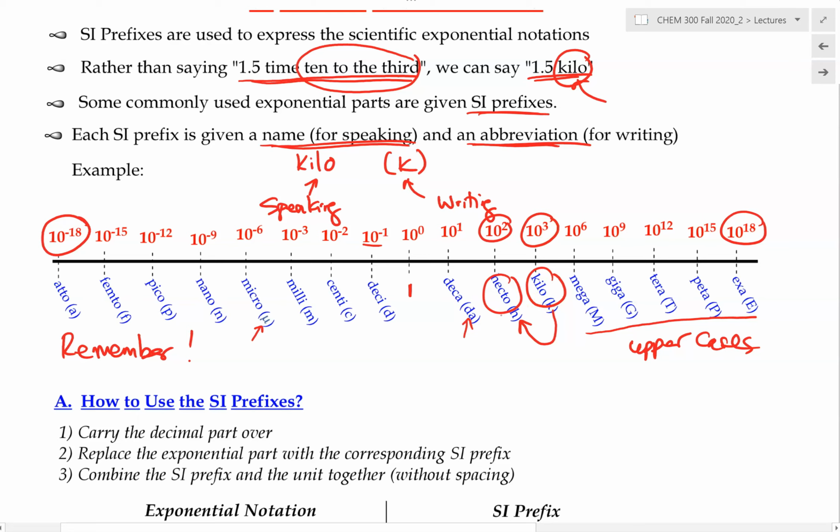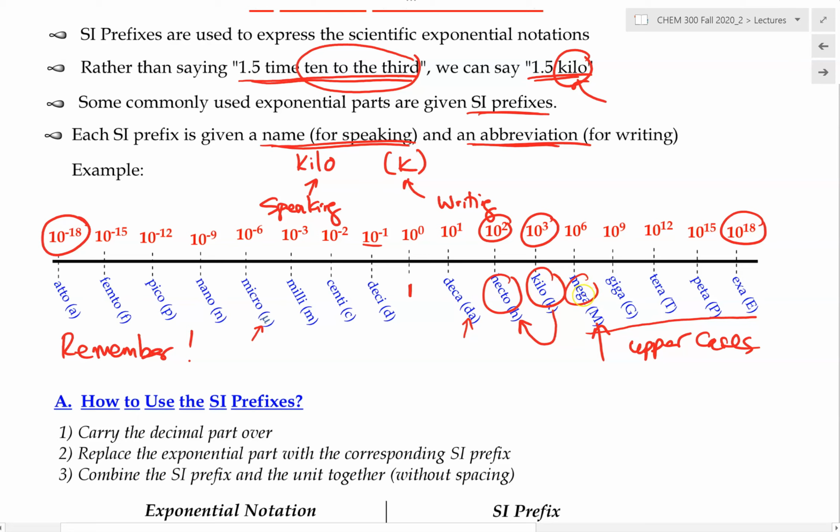Let's do another example. Between kilo and mega, which one is bigger? Very clearly, mega would be bigger. Mega is 10 to the 6, which is equal to a million, versus kilo, which is 1,000. So mega is bigger than kilo.